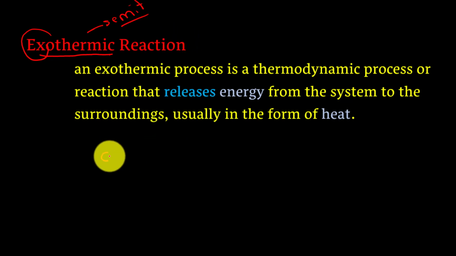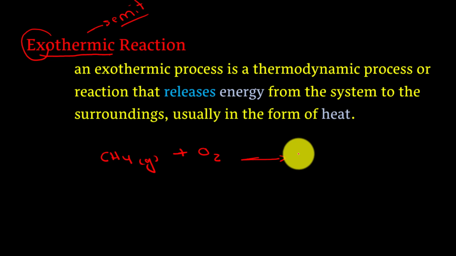CH4 is a gas, right? While this natural gas is burning and reacting with oxygen, it gives us carbon dioxide plus H2O plus energy. This energy is usually in the form of heat, right?